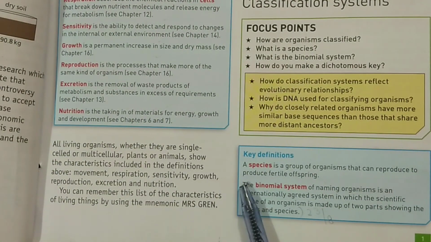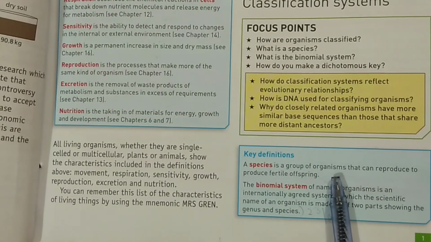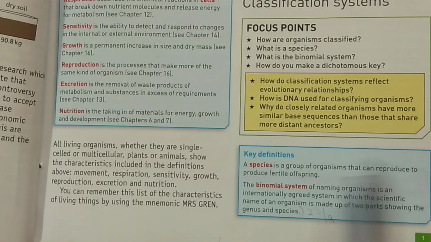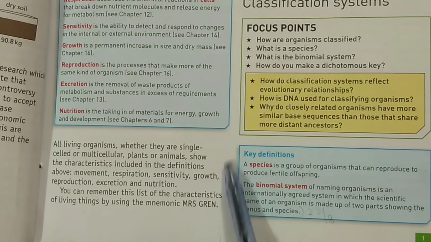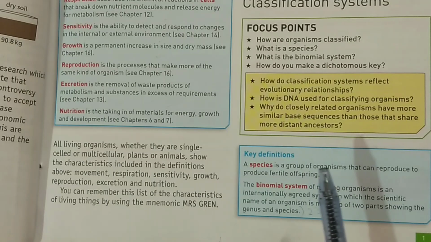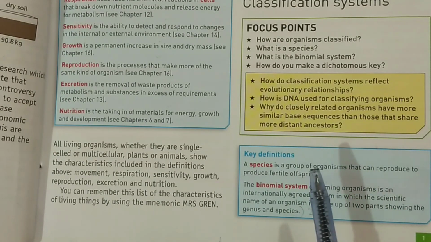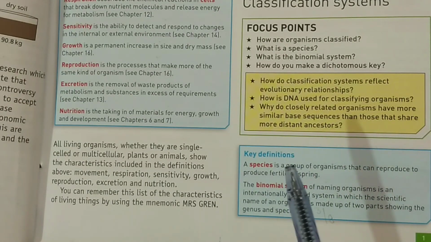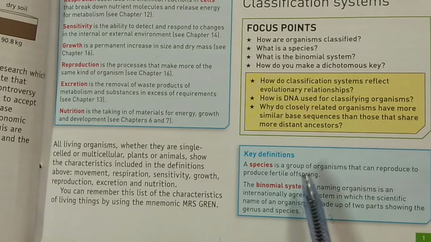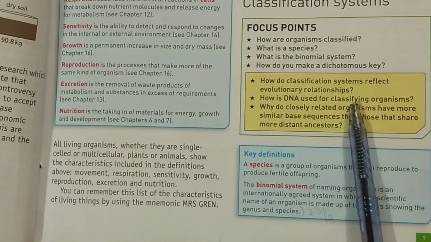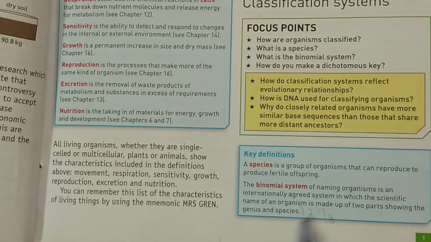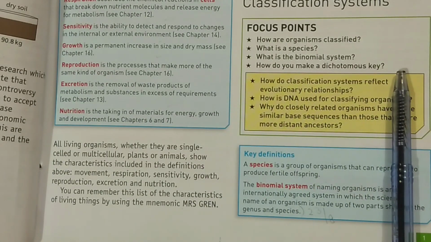So what is a species? A species is a group of organisms that can reproduce to produce fertile offspring. This is a very important definition we should understand, because before we classify organisms, we have to mention the species, that this group of organisms has the same characteristics, so this group will lie in one class.